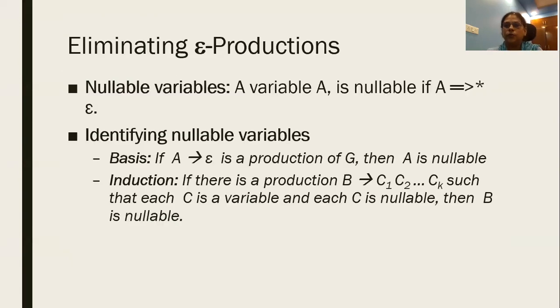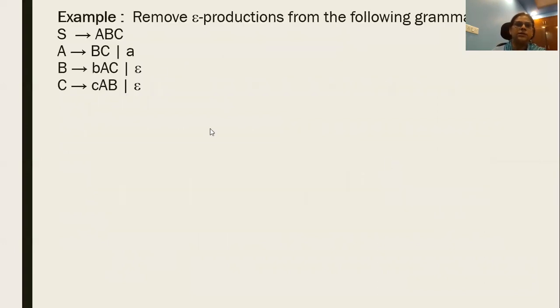Next, we move on to the process to eliminate epsilon productions. To eliminate epsilon productions, you cannot do this process directly. For example, here is a grammar. Eliminating epsilon productions does not mean simply deleting the productions B derives epsilon and C derives epsilon.